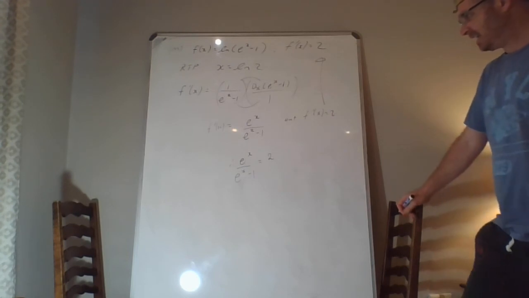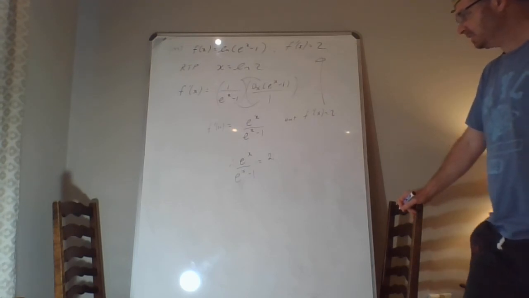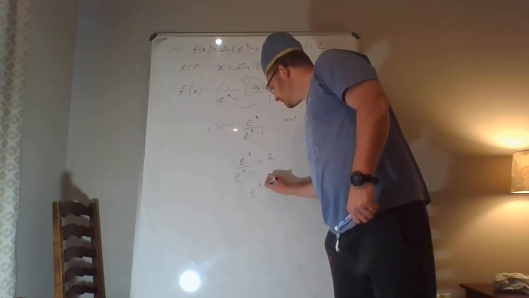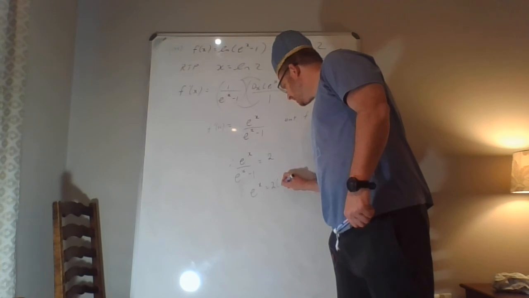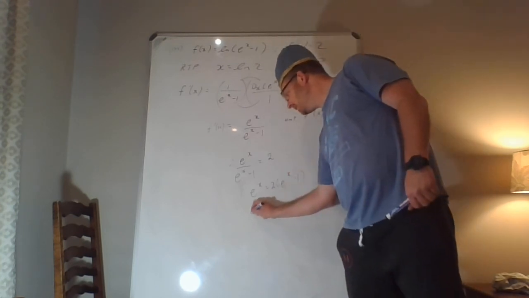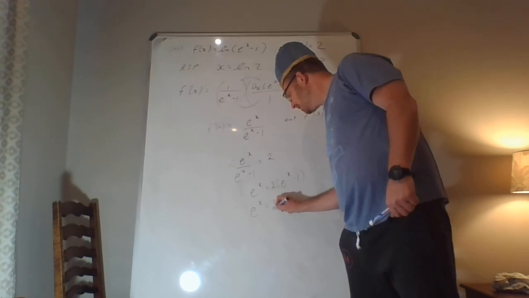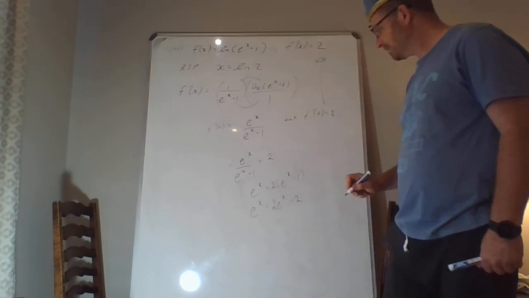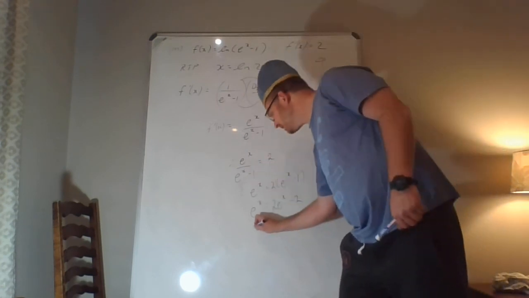Okay, and if I multiply that out, I get e to the x is equal to 2 times e to the x minus 1. So e to the x is equal to 2e to the x minus 2. And let's move the negative 2 across there.